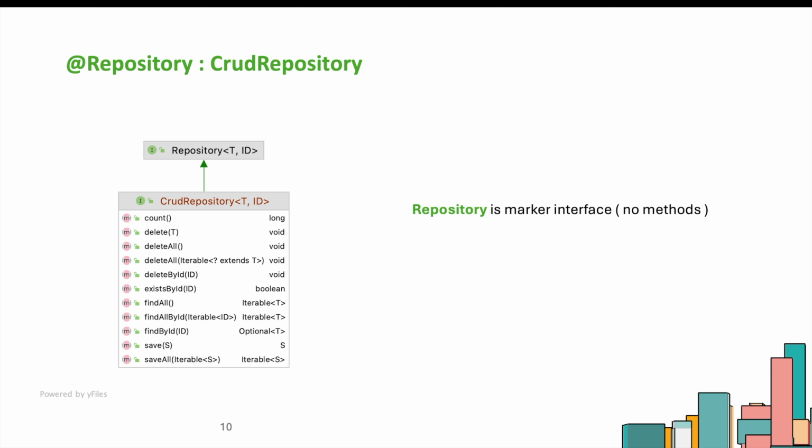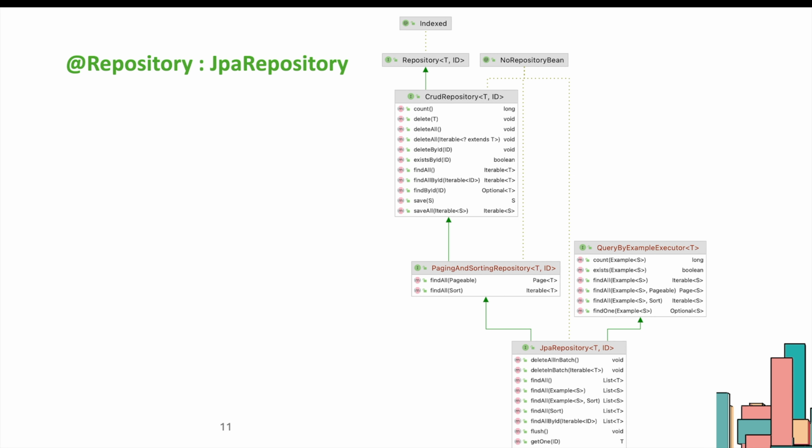If you look at this particular PPT, there are methods like count, delete all, find all, save. So basically, you can act upon an object for the basic operations. We have one more interface called the JpaRepository interface.